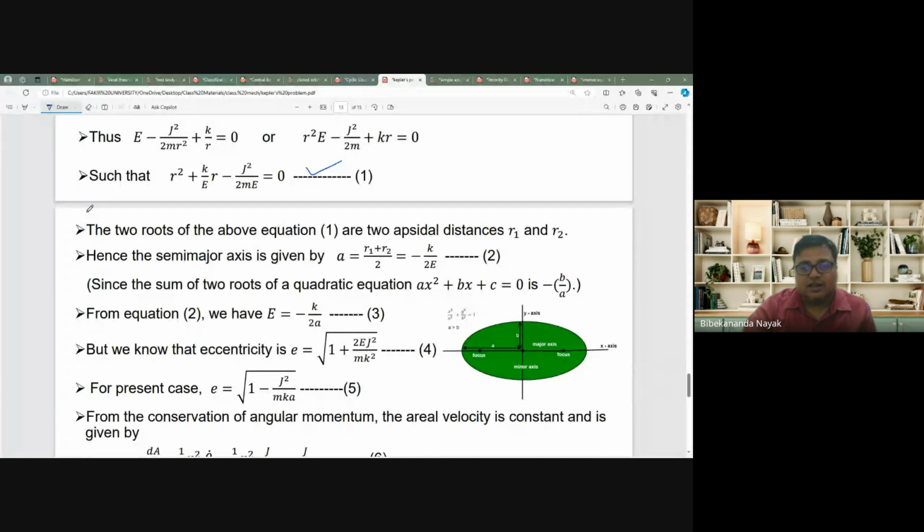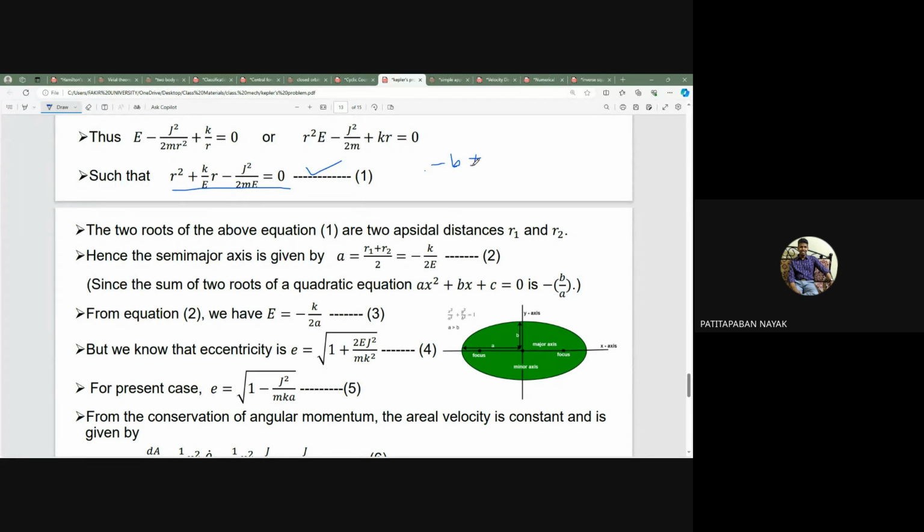But again, the semi-major axis, what we told, is (r1 plus r2) by 2. But here, in a quadratic equation, there are some rules for the roots. For a quadratic equation, roots are minus b plus minus root over of b square minus 4ac by 2a.